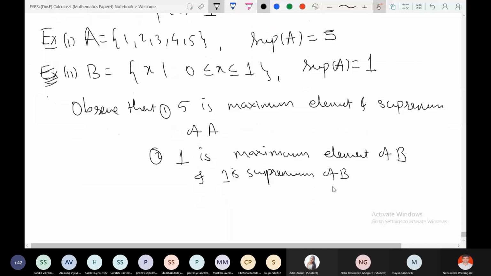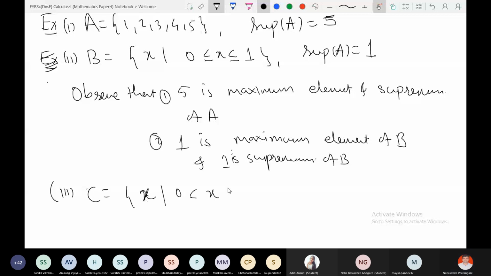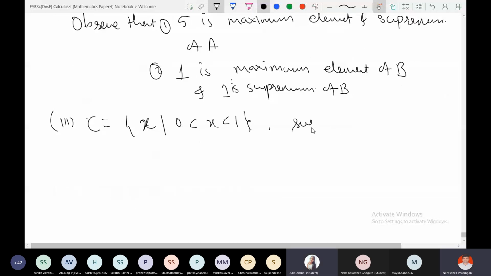Correct? But if you look at the third example, all those numbers, then what is the supremum? 1.